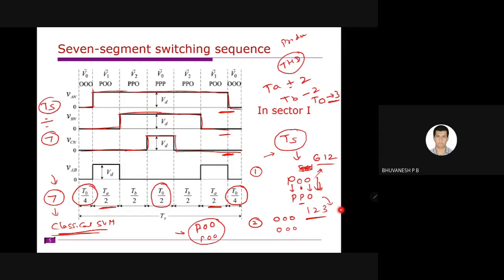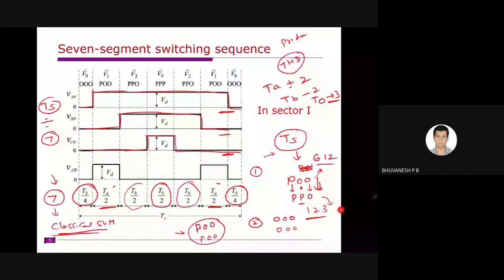We want a symmetrical output, right? So half of TA is placed here and half here, and TB by 2 is placed here and the remaining TB by 2 here. So to obtain this V reference into TS, first we need to implement T0 by 4, and the corresponding switch state is 0, 0, 0.